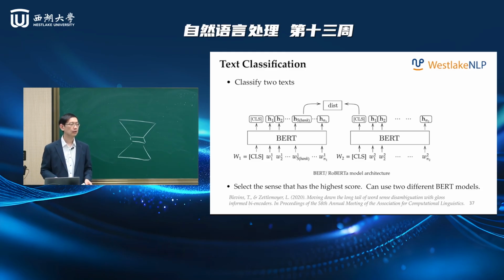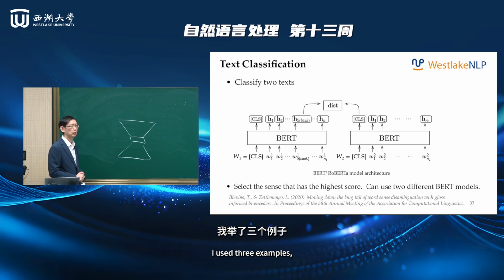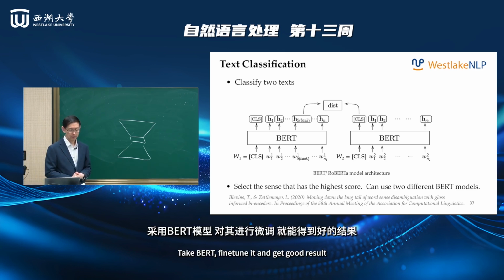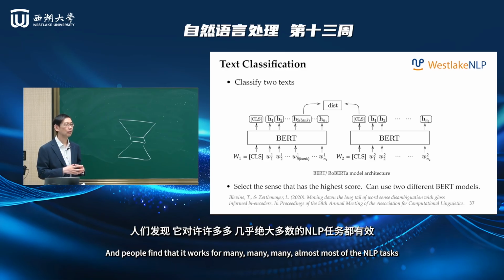So this is for classification. I used the 3 examples. Take BERT, fine-tune it, and get good result. Take BERT, fine-tune it, get good result. And people found that it works for almost most of the NLP tasks.